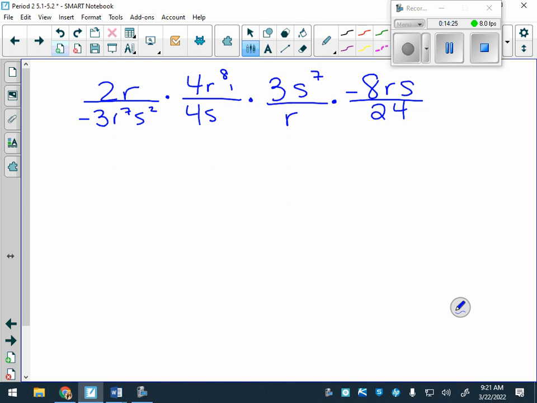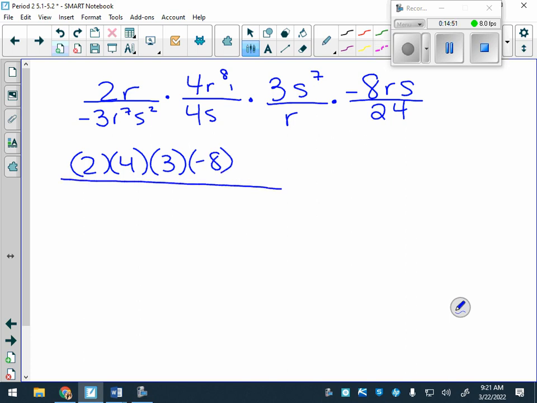Okay, so there's a number of ways you could do this. You could write it all under one fraction if you wanted to. You could cross cancel, which I did. That's why it could be a little confusing. If you wanted to just keep your numbers separate instead of multiplying, you could write it as is.